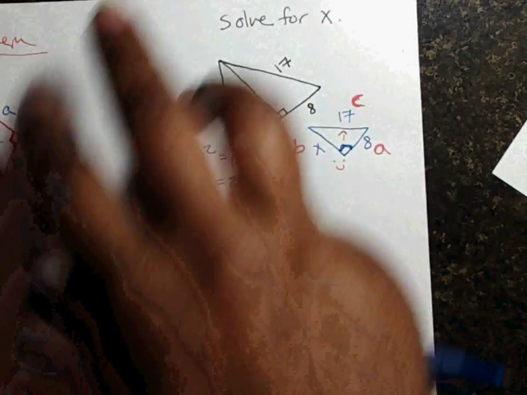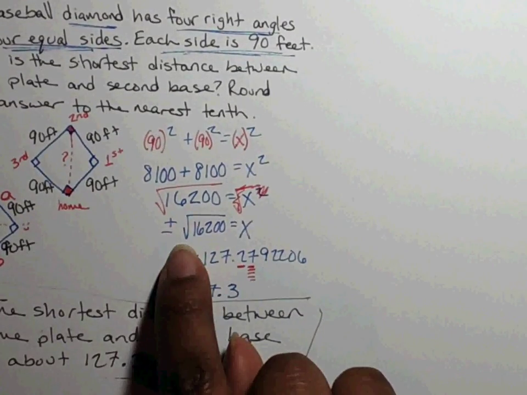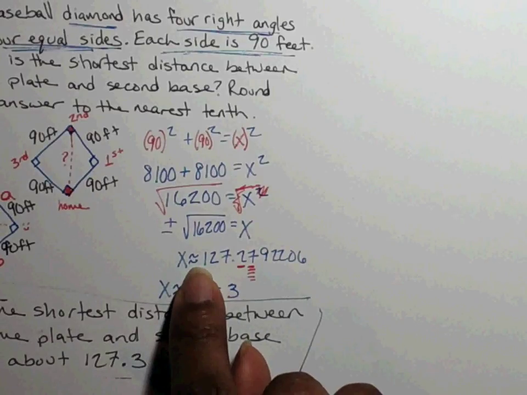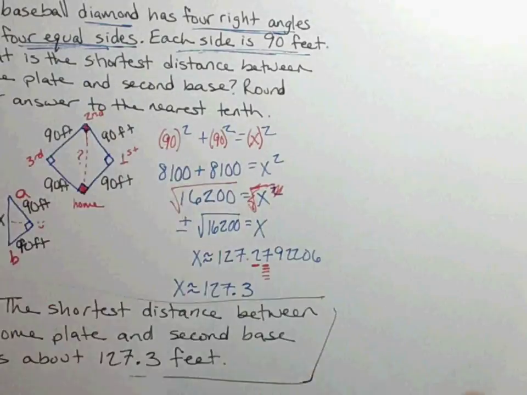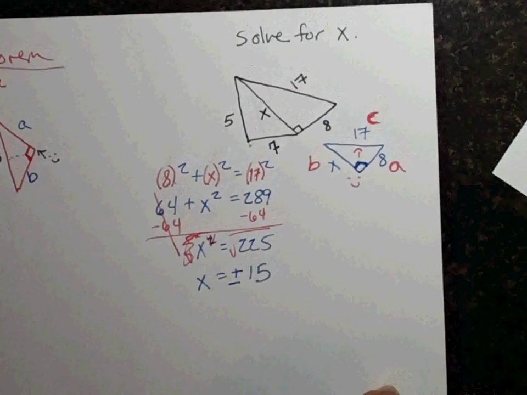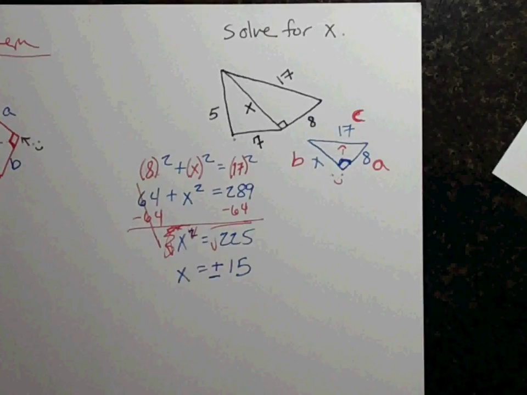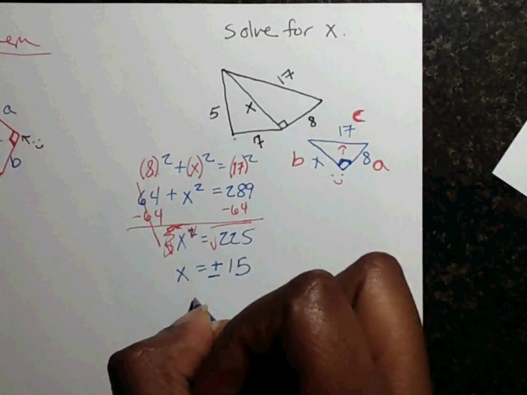X represents the length. Just like in my previous example, you notice that right here, after I figured out what the square root is, I just made it positive because I can't have a negative distance from home plate to second base. So whenever I'm talking about length, I'm going to just make sure I know to make it positive. So yes, X equals plus or minus 15. Oh, that's my answer. X is 15.